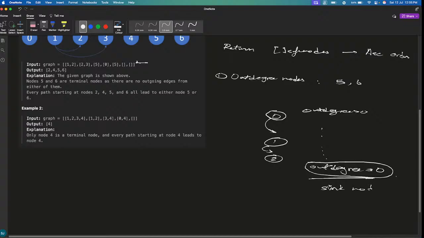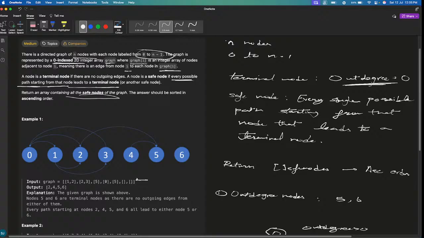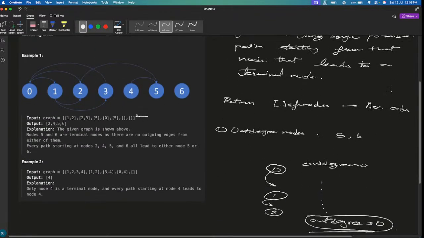That's how you make a DAG, a directed acyclic graph. So we know for a fact that there will be one terminal node, right? Well, I think we're gonna assume that there will be a terminal node.